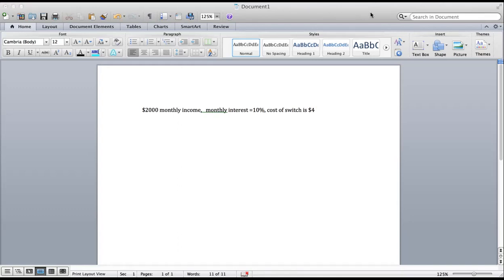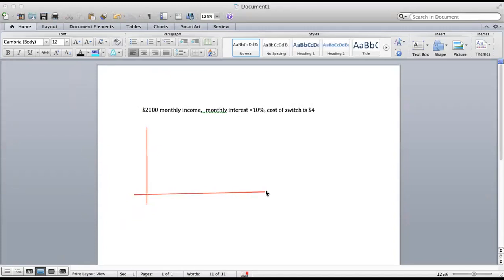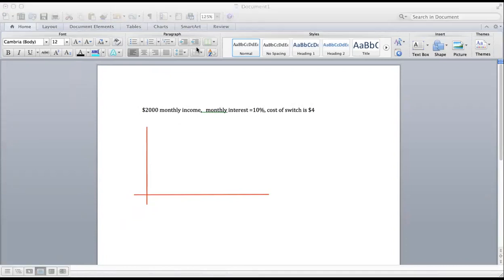So let's assume we can graph this in a graph like this. Let's assume that at the beginning of the month you receive $2,000 in salary and you don't buy any bonds, and you spend it all. So at the end of the month, your balance will go down to 0.